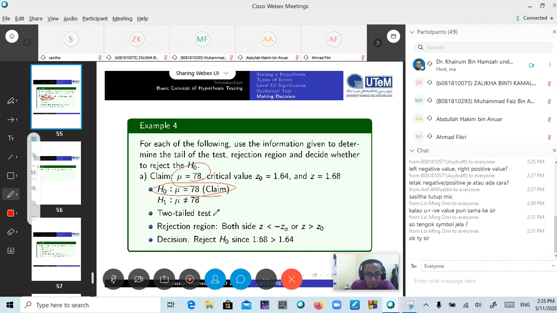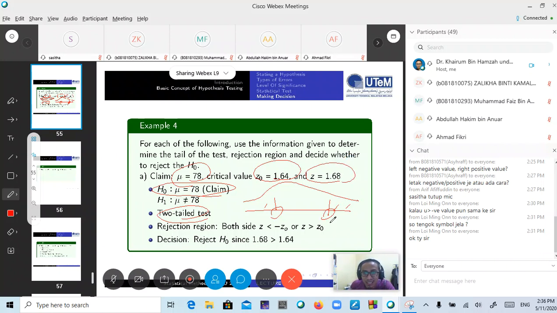Okay. So now this one is two tail. We know that two tail have two rejection regions. And then Z naught here, this value is the value of Z naught. And then what is your Z calculation? Z calculation is 1.68.